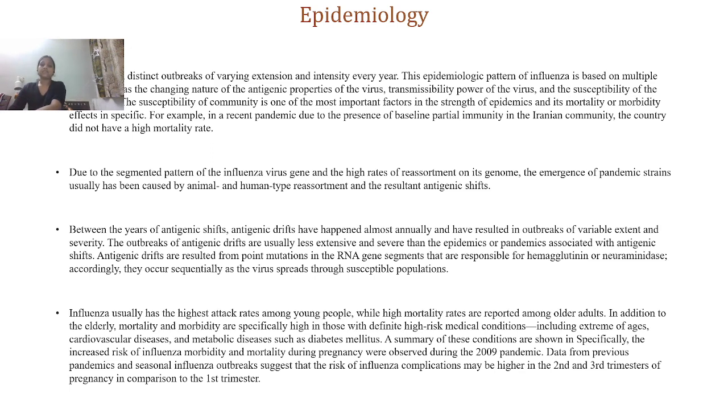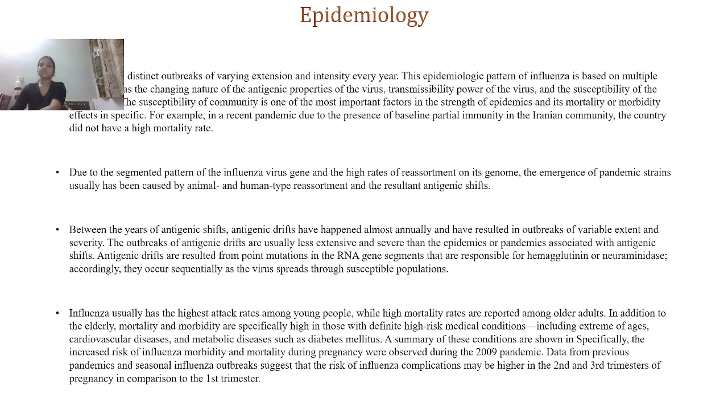And during pregnancy, it was observed in the 2009 pandemic that the rate of influenza morbidity and mortality was high in pregnant people, because in pregnant people the immune system is not that strong, and it also protects the fetus, so it is kind of shared between two people.